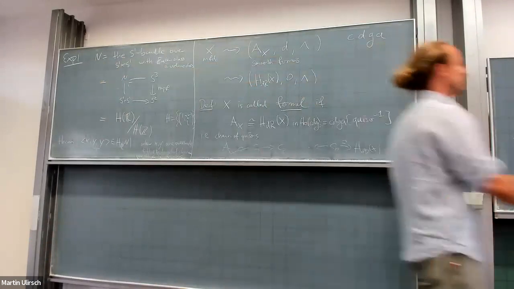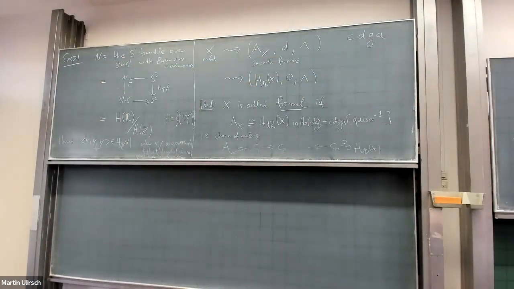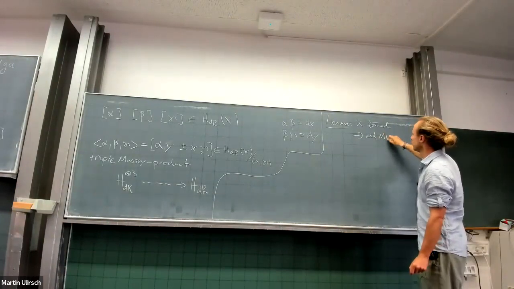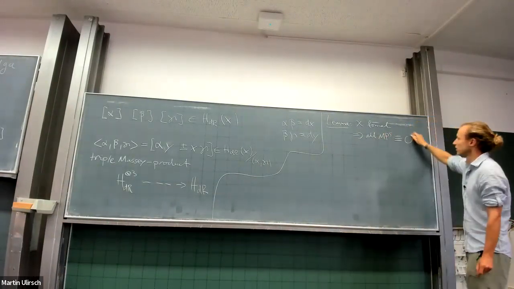And then a very little lemma shows: if X is formal, then all messy products are zero.